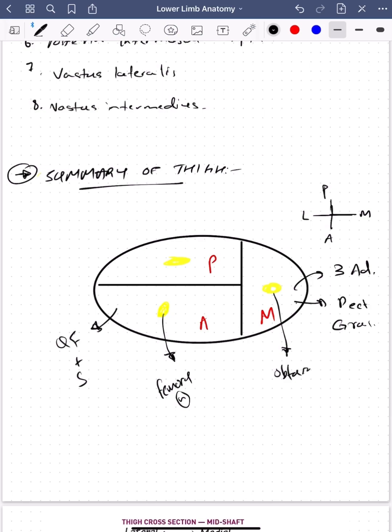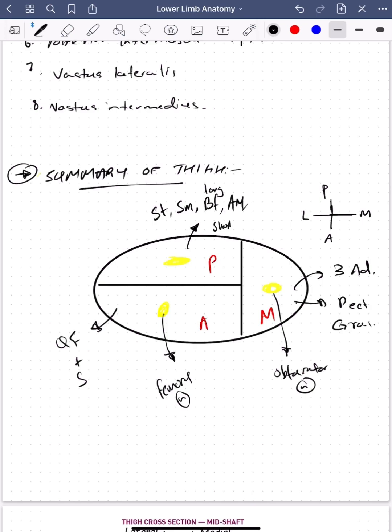Okay, and finally the posterior compartment has 4 hamstring muscles and one muscle that is not included in the hamstring group. These are the semitendinosus, semimembranosus, the long head of biceps femoris, and the ischial head of adductor magnus, plus one more muscle, the short head of biceps femoris.